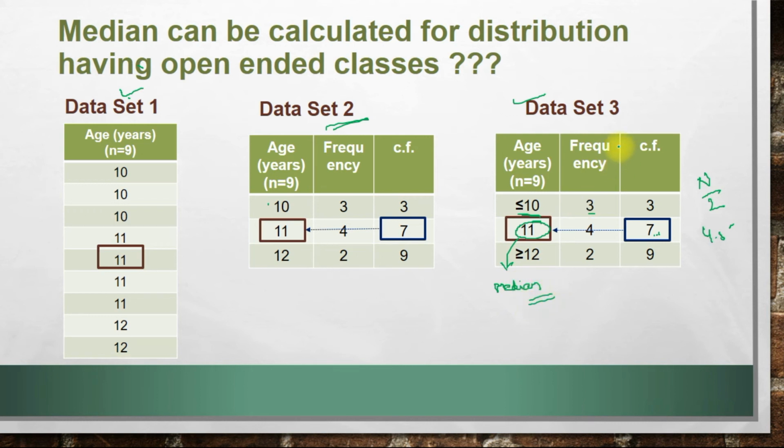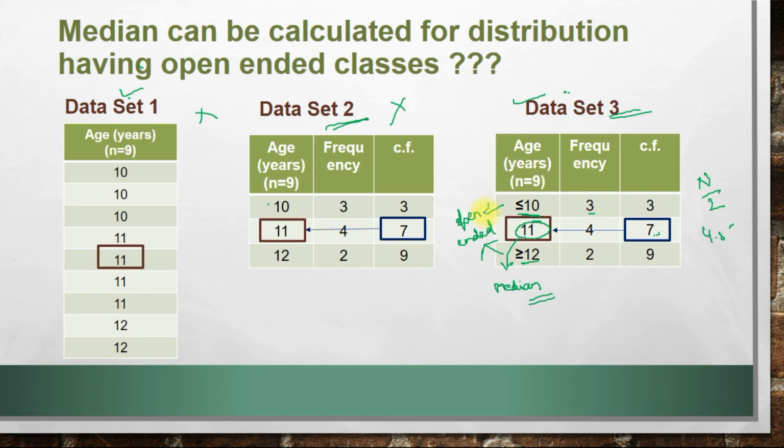So what happened in this data set 3? Here, suppose we don't have data set 1 and data set 2, and we directly have data set 3. So our data is in this form. Here we have less than or equal to 10, which is an open-ended interval. Similarly, this last category is also open-ended.